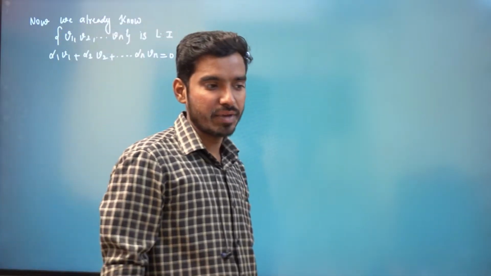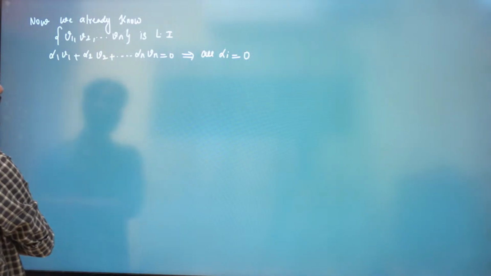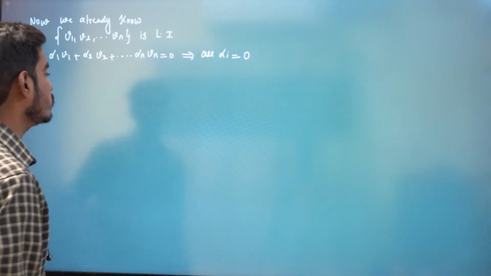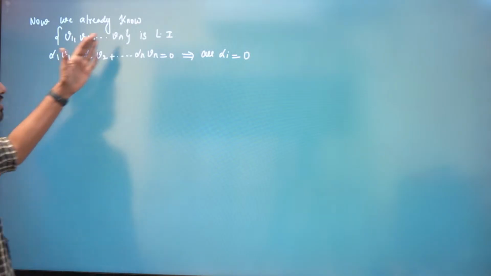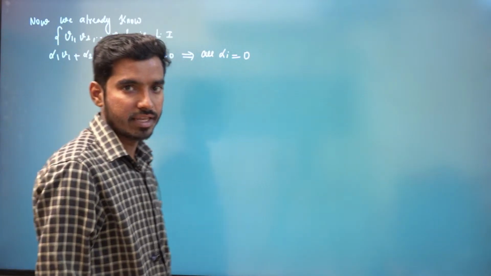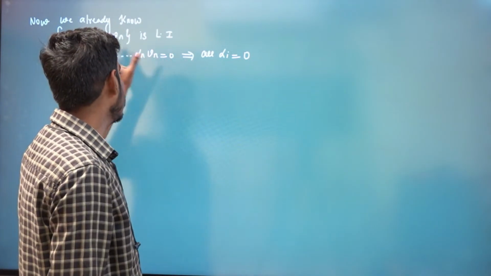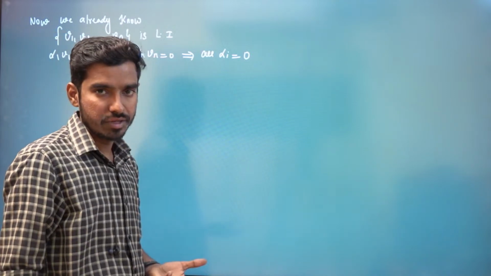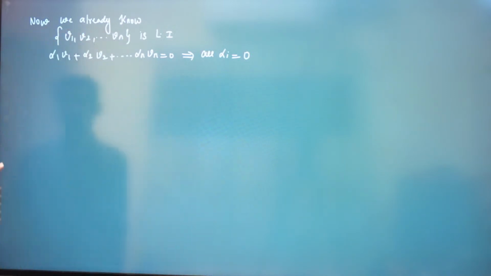Assuming that everyone knows the basics of linear algebra. If this linear combination is 0, all scalars have to be 0.